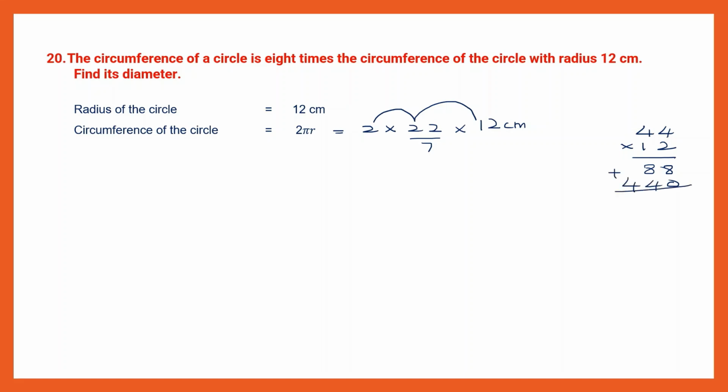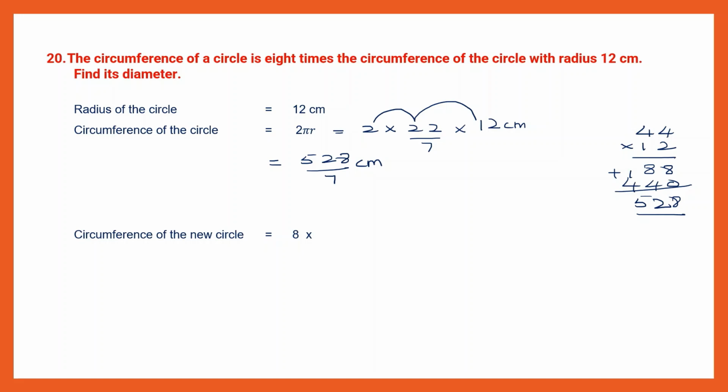Now add this up. 8 plus 4 is 12, carry 1, 4 plus 1 is 5, that's 528. So here the circumference of the circle is 528 by 7 centimeters.